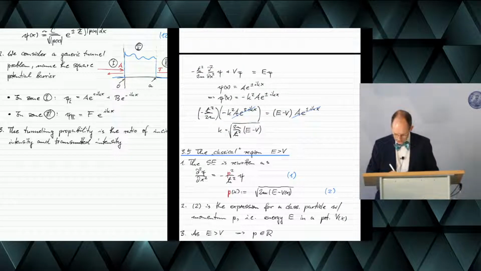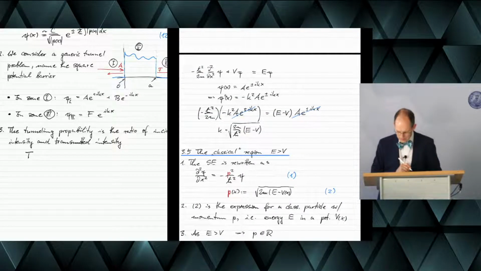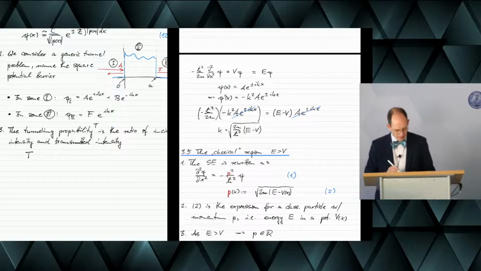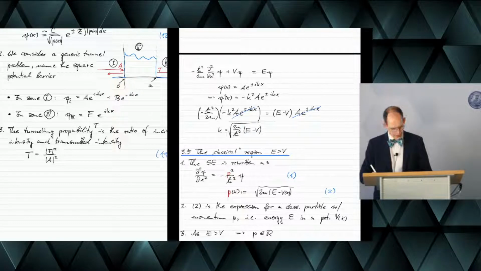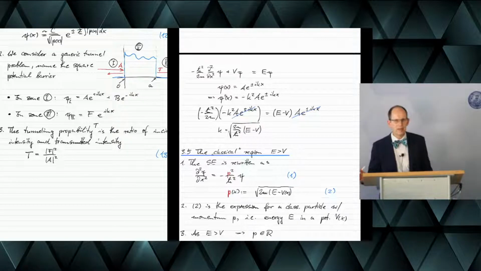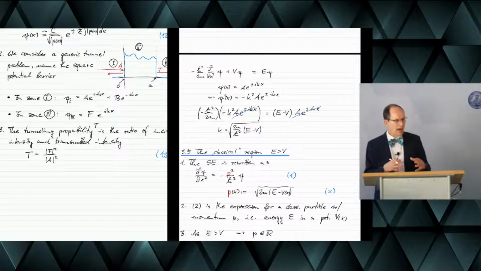In other words, we call this tunneling probability capital T. This is equal to the magnitude squared of F divided by the magnitude squared of A. Equation 13. And the only thing that we would need to know is how A and F are connected.